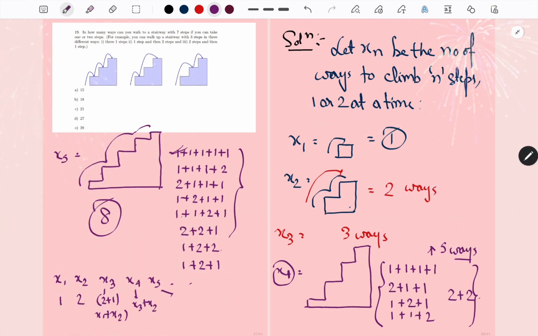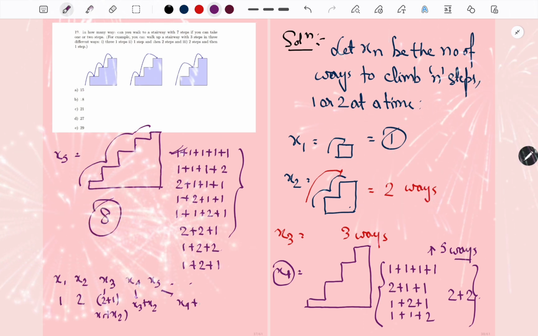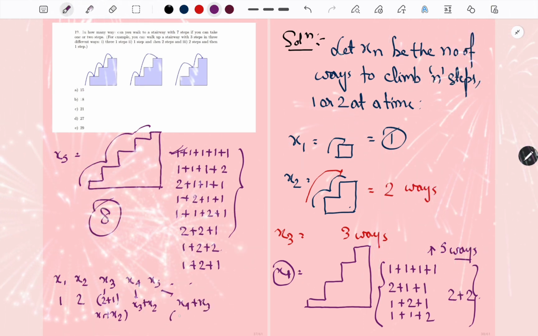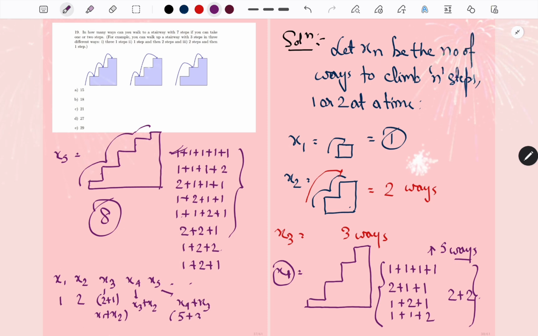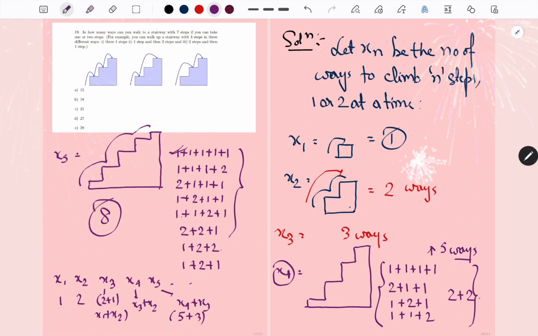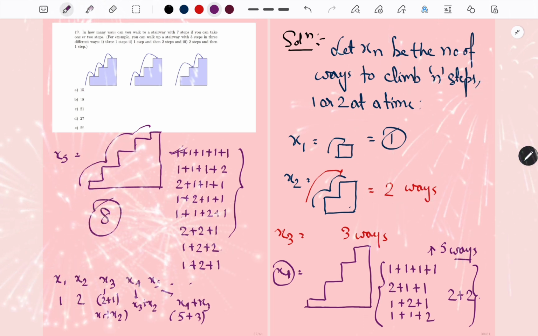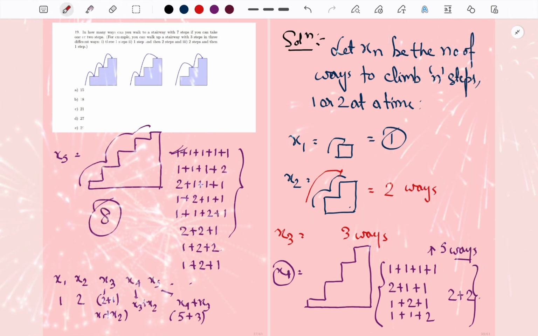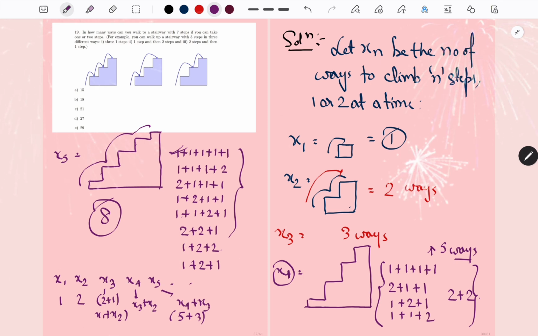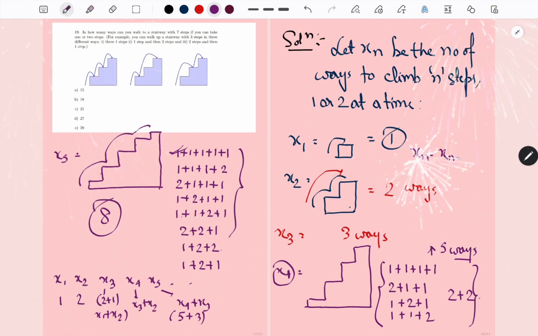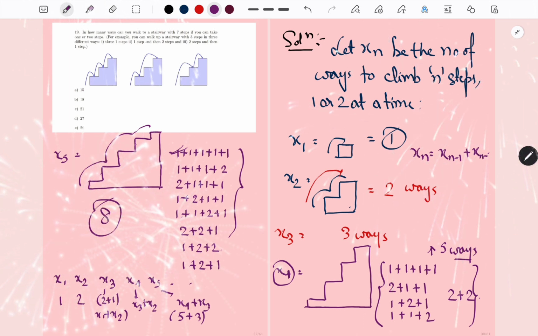Now x5 is x4 plus x3. Why? Because x5 is 8 and x4 is 5 and x3 is 3. So basically this is becoming a Fibonacci sequence. Super. Now if this is becoming a Fibonacci sequence, we can write the general formula where xn is equal to xn minus 1 plus xn minus 2.